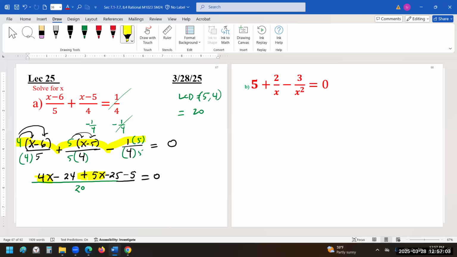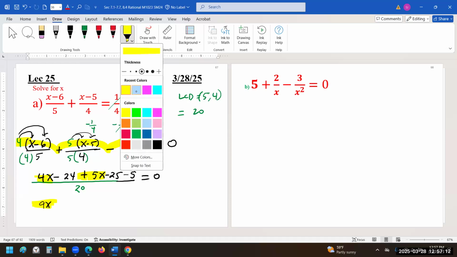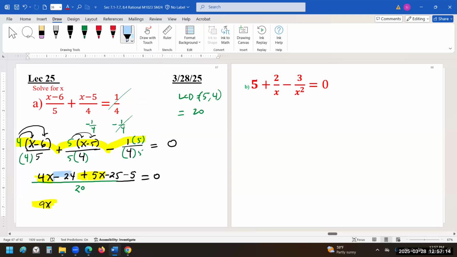4x and 5x. Combining them, how many do we get? 9x. And then we have negative 24 minus 25 minus 5. Negative how many? 30? No, negative 30 minus 24.